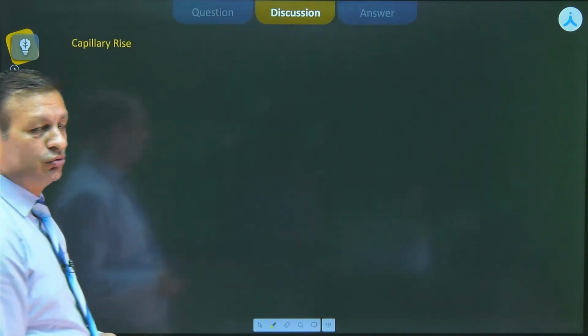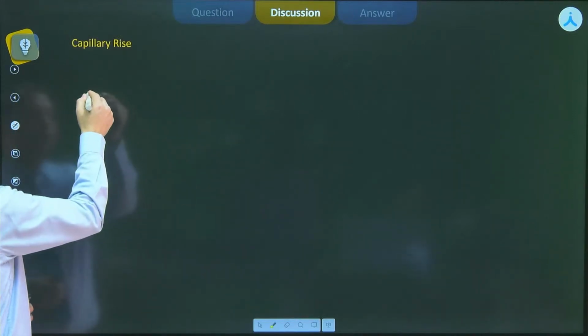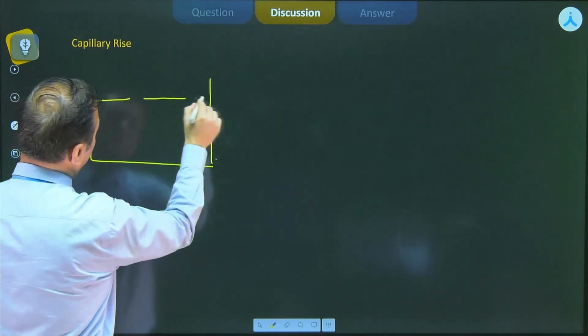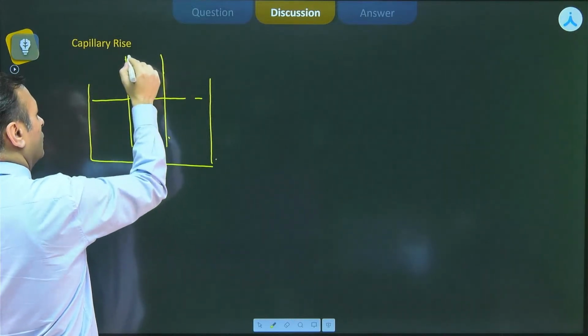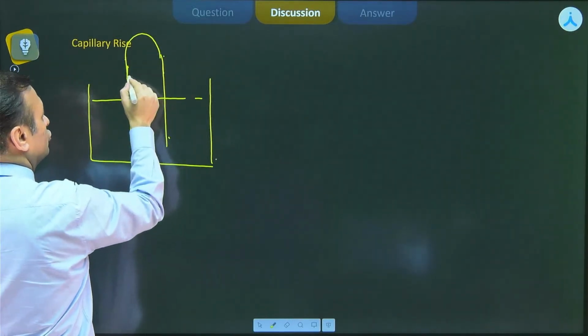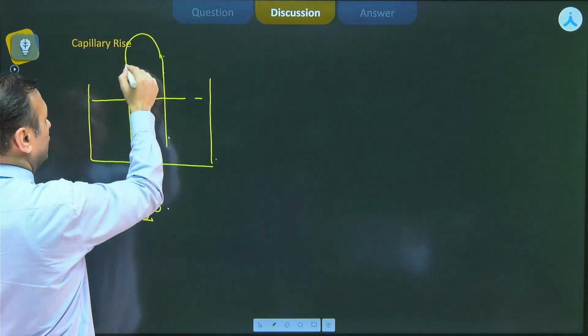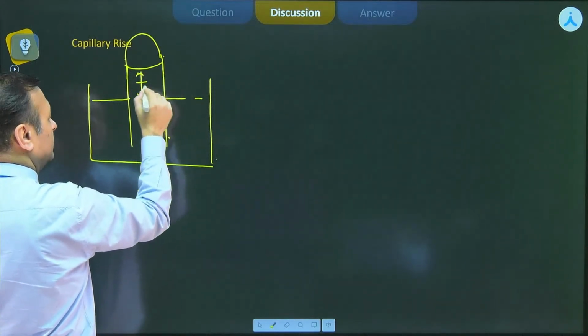Capillary rise. This is the last topic we have. Whenever you immerse any capillary in a liquid, let's suppose this liquid is water, the water will definitely rise, and this is the height.